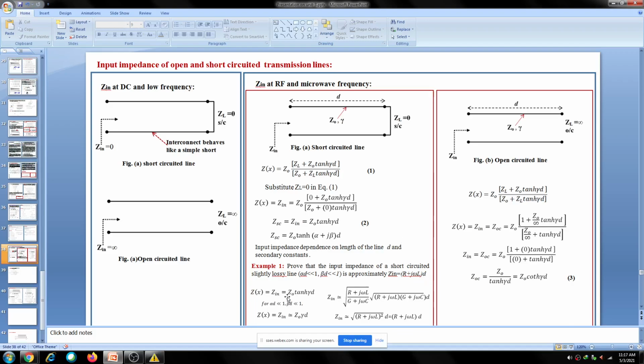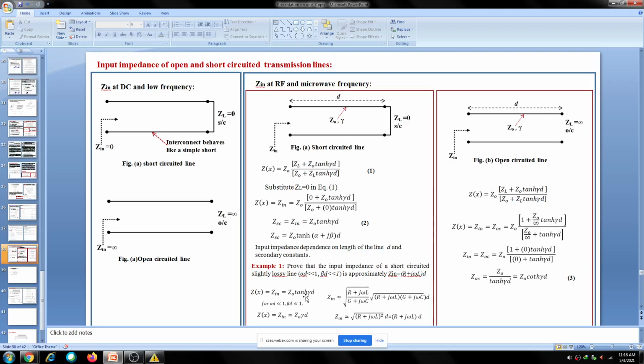So how do we do this? The input impedance of a short circuited line is given by this equation: Z0 tan hyperbolic gamma d. In this tan hyperbolic gamma d, alpha d and beta d are specified as less than 1.